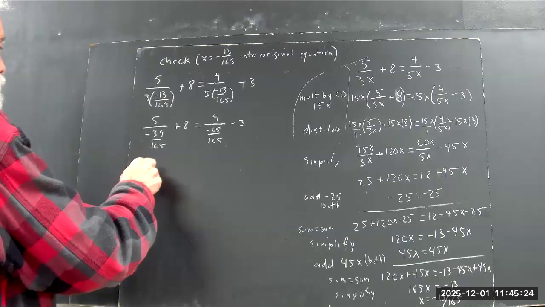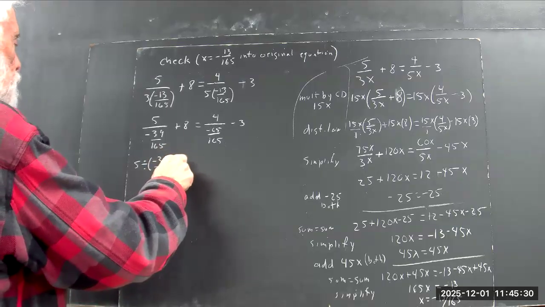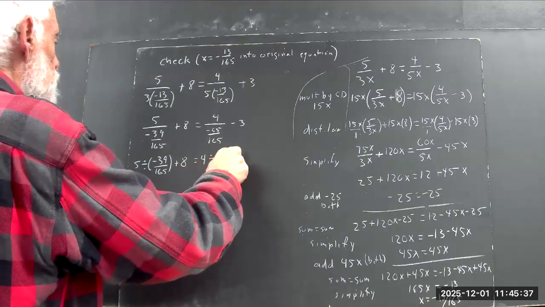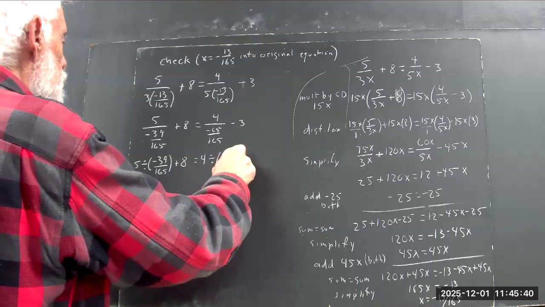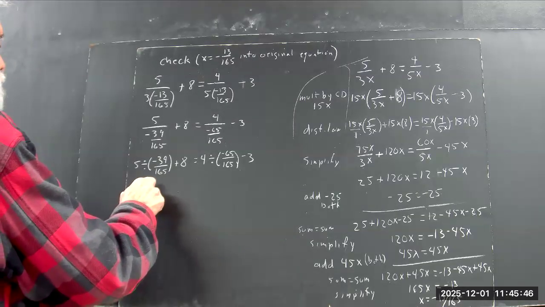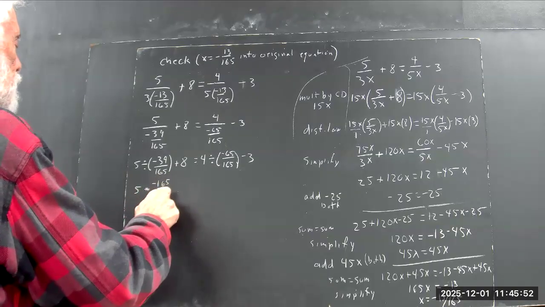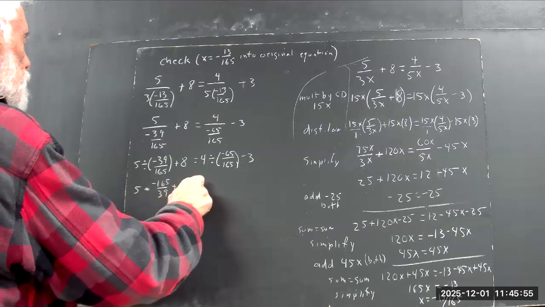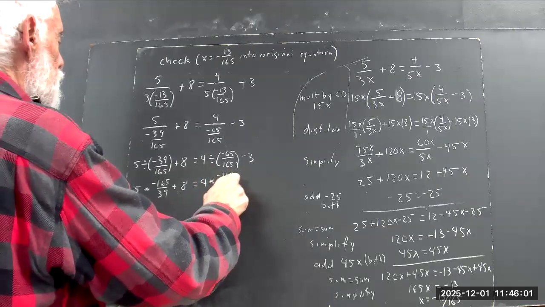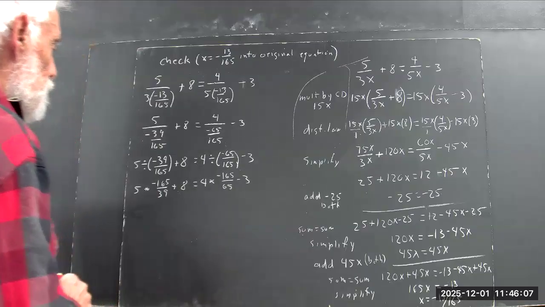That's 5 divided by negative 39 over 165, plus 8, equals 4 divided by negative 65 over 165, minus 3, which is the same as 5 times negative 165 over 39, plus 8, equals 4 times negative 165 over 65, minus 3.